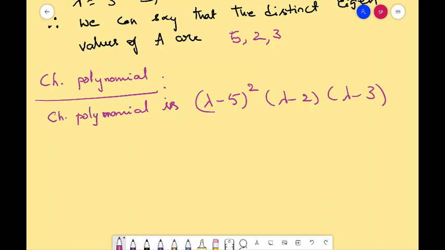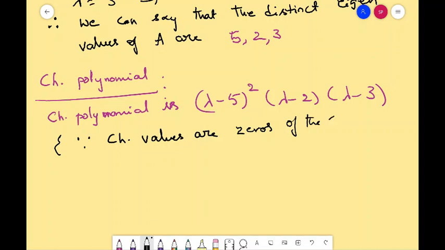Now you got the solutions. What is the equation having these as roots? So what is the reason I will give here? Since characteristic values are zeros of the characteristic polynomial.